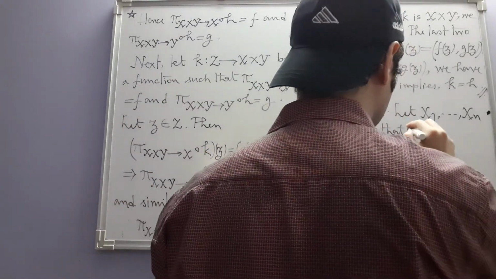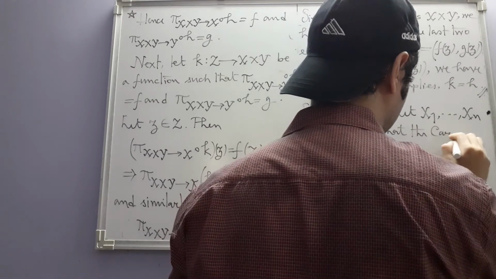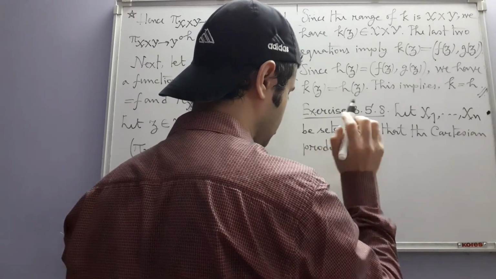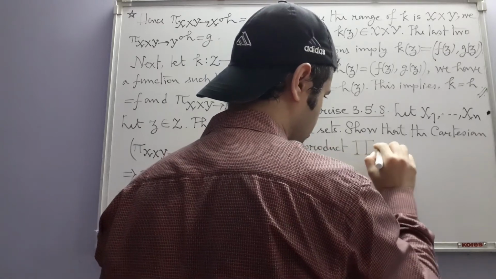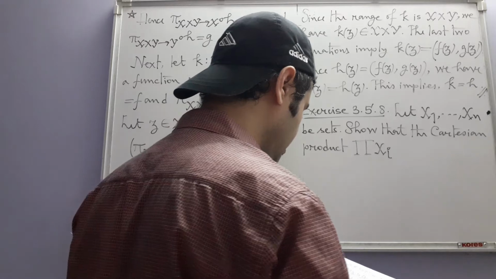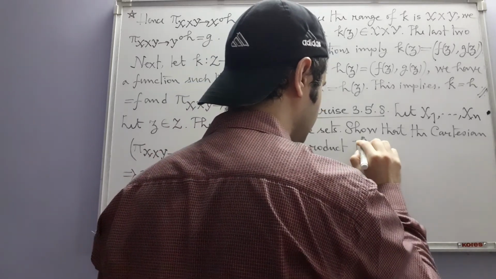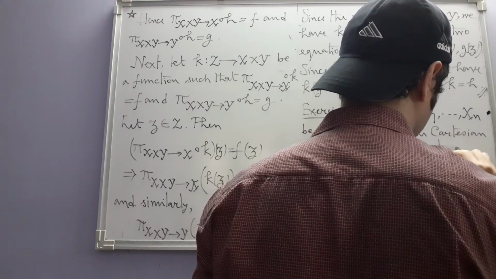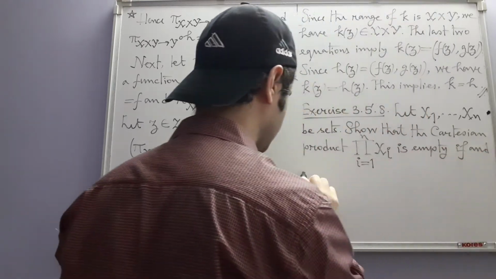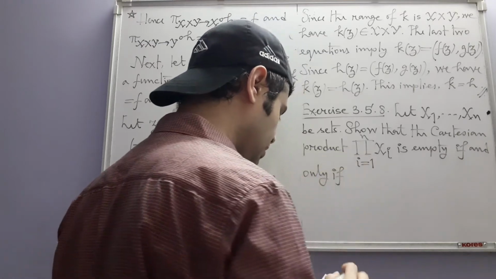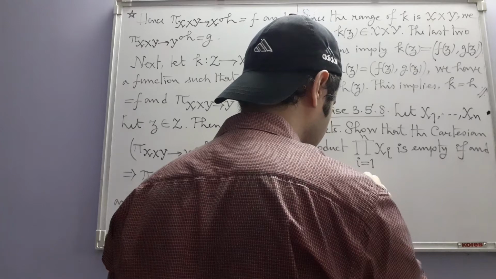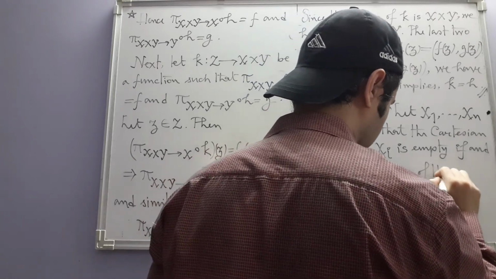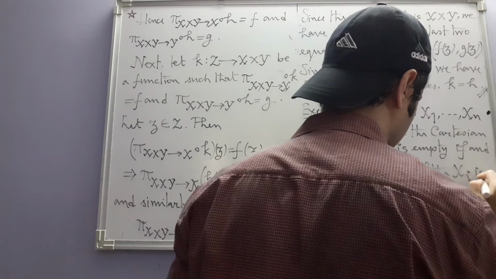Show that the Cartesian product of Xi, as i varies from 1 to n, is empty if and only if at least one of the Xi is empty.